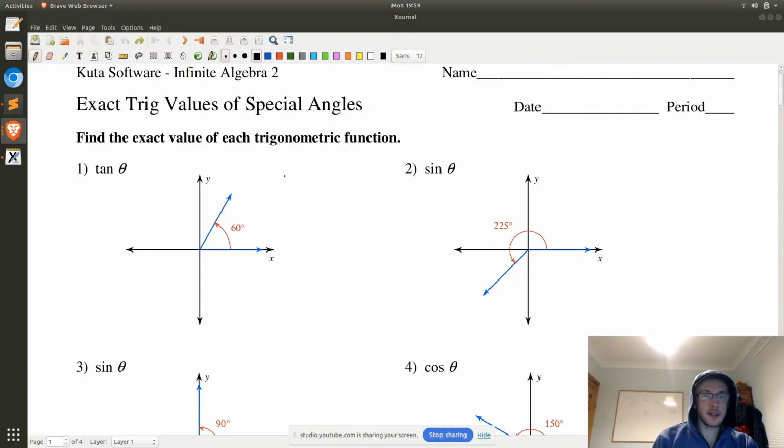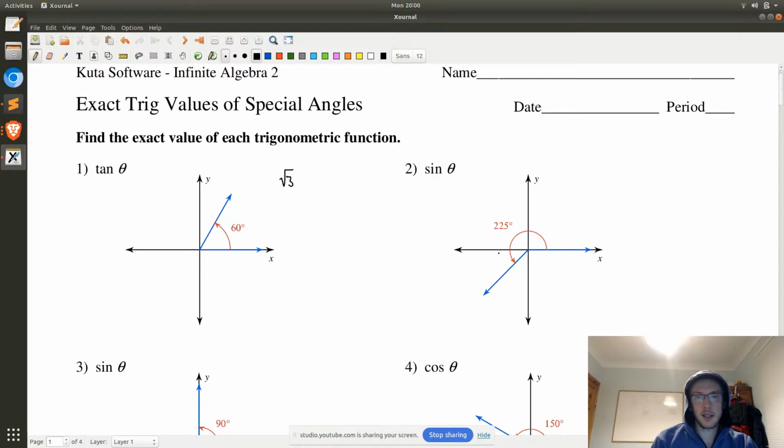Tangent of 60 degrees, as we've just seen, is root 3. Sine of 225 degrees, well, you should find this angle here, which is called the reference angle. That's the angle that it makes with the horizontal.